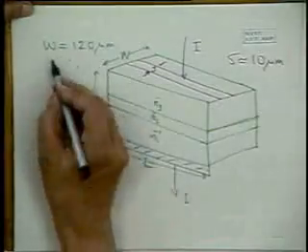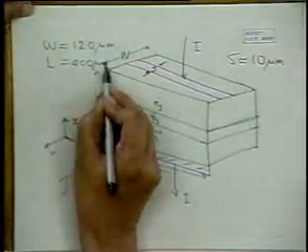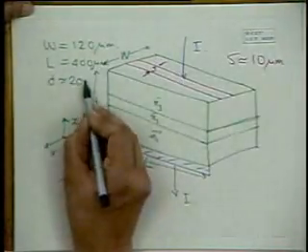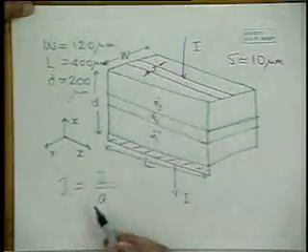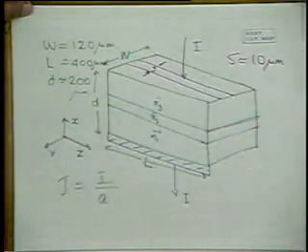L could be 400 microns, and D could be something of the order of about 200 microns. So this has to be defined by photolithography, and there are various ways of achieving this stripe geometry.